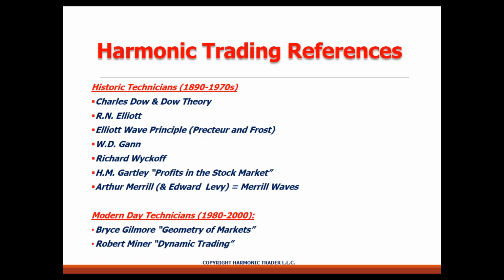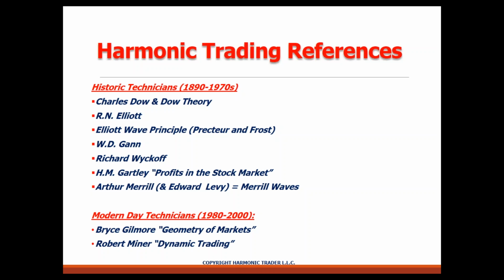Now, W.D. Gann is probably the most mysterious of all. A lot of claims of how successful of a trader he was. But again, his books focus on astrology and a lot of the squaring techniques that he presents there. But from a practical perspective, for trading purposes, for defining exact price levels, I find it way too complicated.